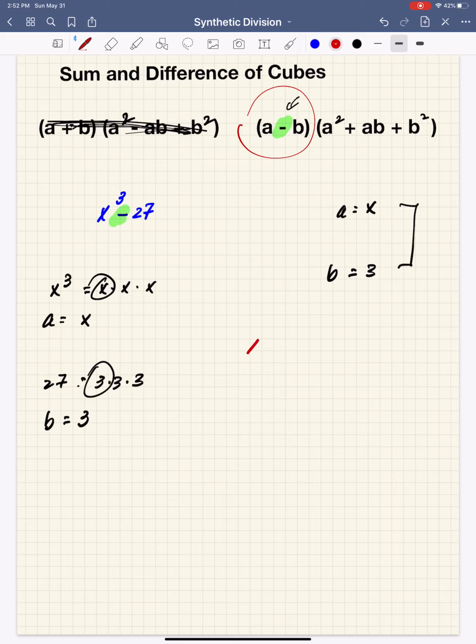So it's going to be x minus 3. Okay. Then we're going to square that first term and get x squared. We're going to multiply them together and get 3x. And then we're going to square this one down over here and make it 9. And again, the signs here are minus, plus, plus. So I have a minus and a plus and a plus. And there's your answer.